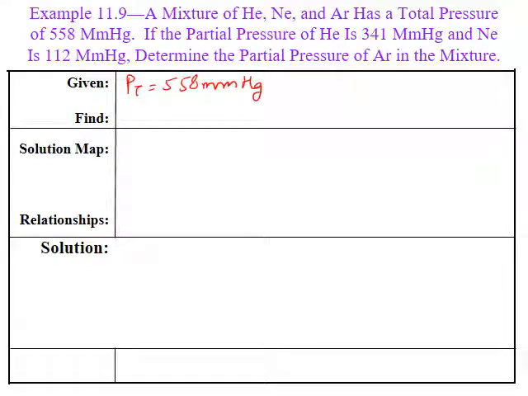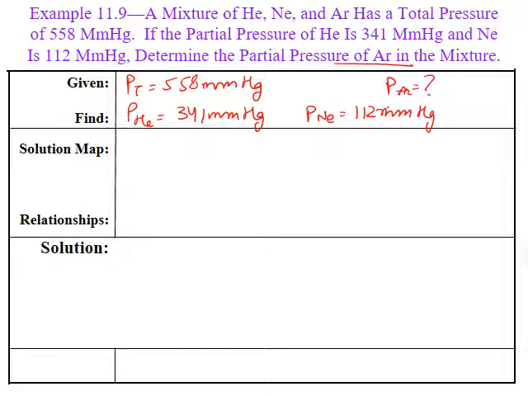If the partial pressure of helium is 341 mm Hg, partial pressure of neon is 112 mm Hg, determine the partial pressure of argon. Okay, so now we know that total pressure is equal to pressure of argon plus pressure of helium plus pressure of neon. This is given, this is given, this is given. Question is asking for argon.